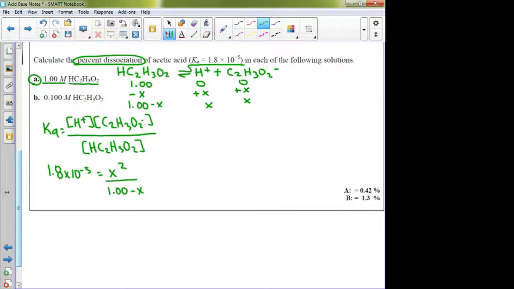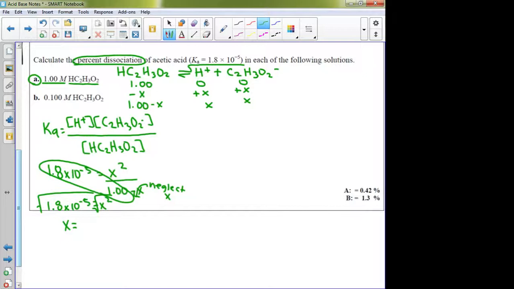I'm immediately going to neglect x. I'm going to cross multiply. 1 times anything is just itself, so it's going to be 1.8 times 10 to the negative fifth is equal to x squared. So I'm going to square root and square root.